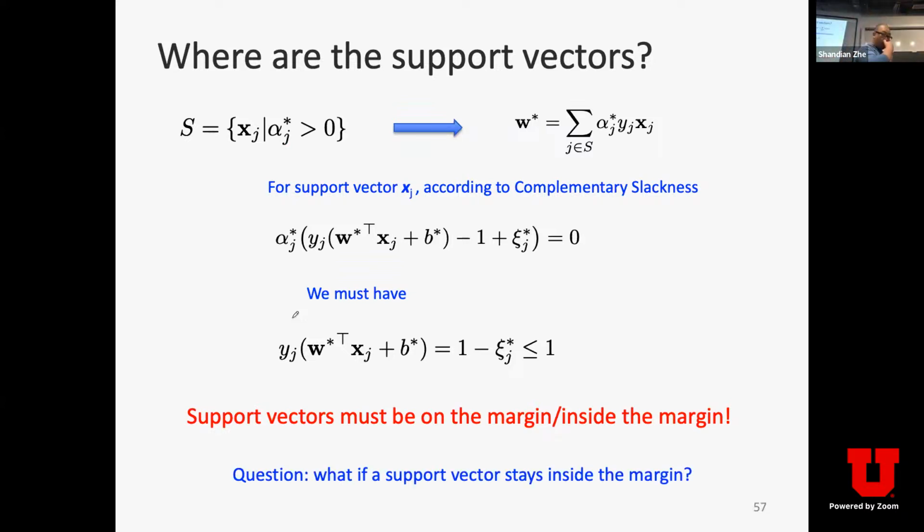And also, I leave you a question: what if a support vector stays inside the margin? That means, what if your xi_j is strictly bigger than 0?